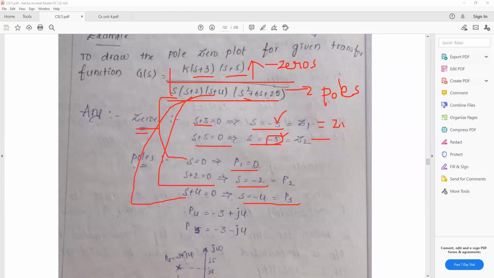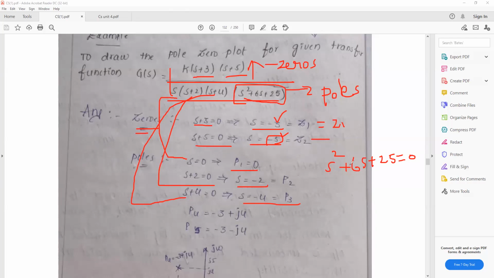Now the characteristic equation, s square plus 6s plus 25 is equal to 0. Using the calculator, calculate the poles.